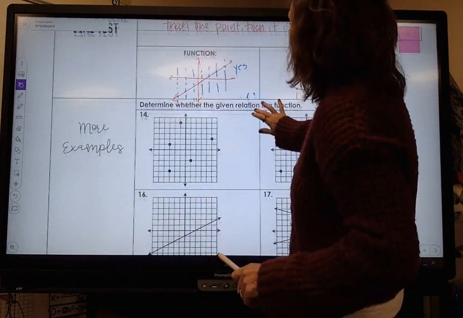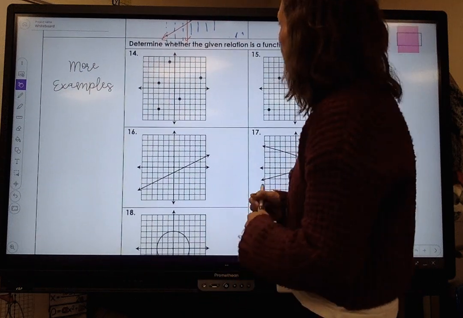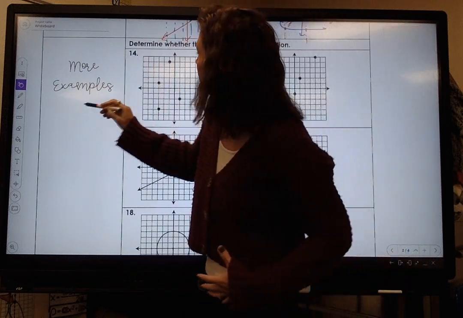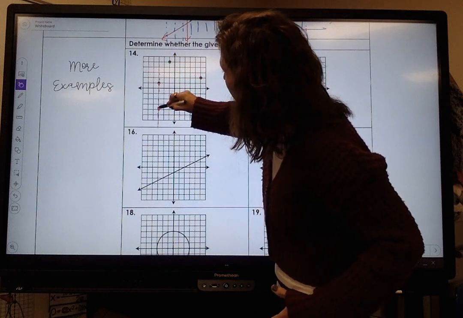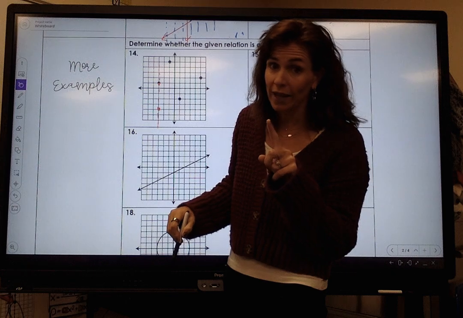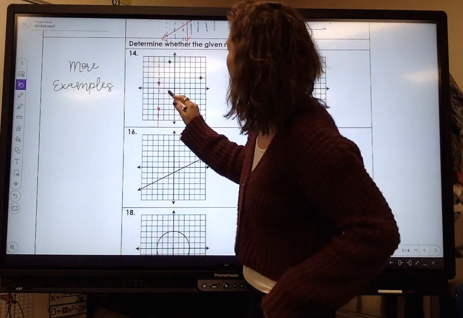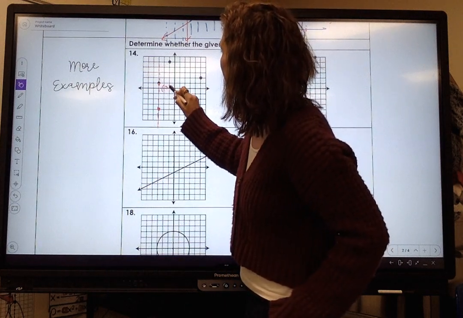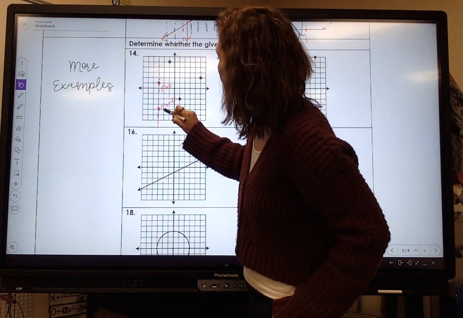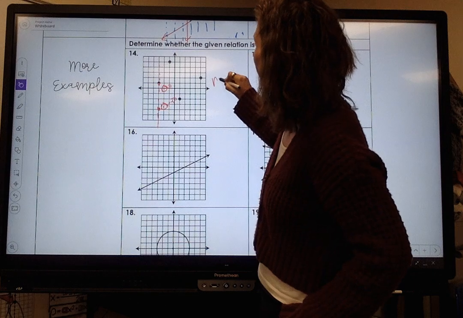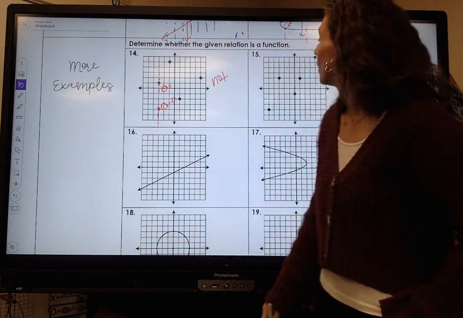Let's take a look at these. So if I drew an imaginary line, it would intersect these points more than one time, not a function. And let's look at that x value. You have a (-3, 1), and you have a (-3, -4), so that x value is repeating, not a function.